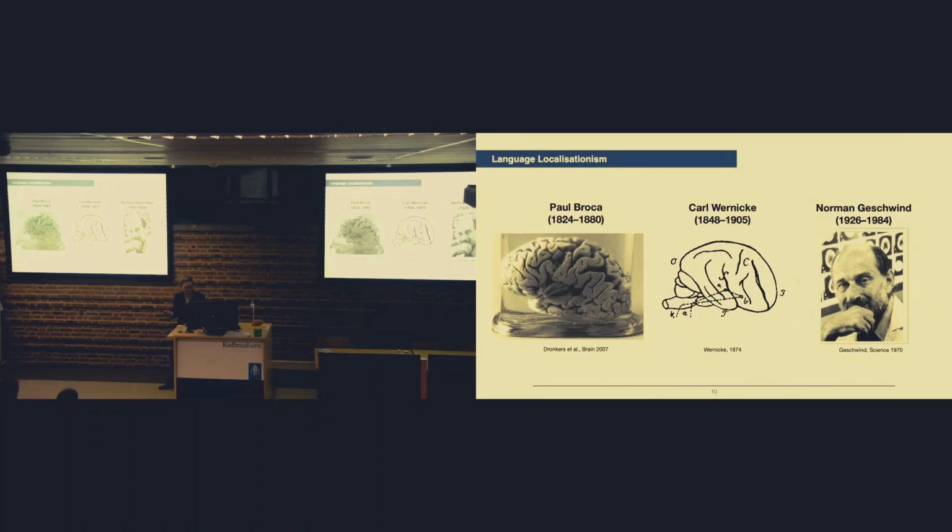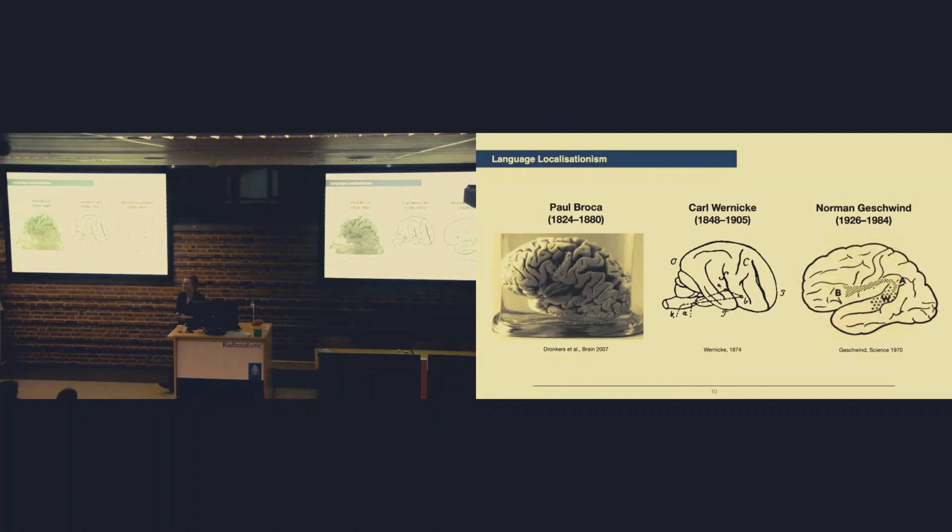Anyways, so that's Broca and Wernicke, and then this fella is called Norman Geschwind. He was an American neurologist, and he added to the model of language the inferior parietal lobe.